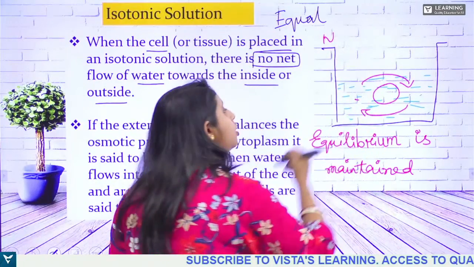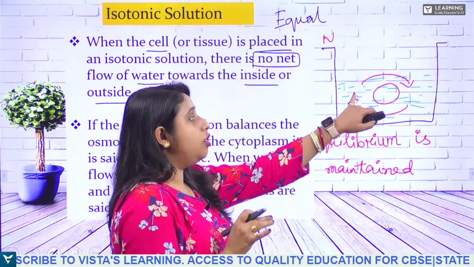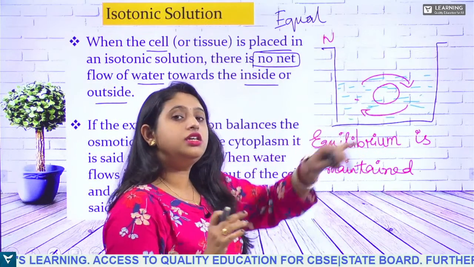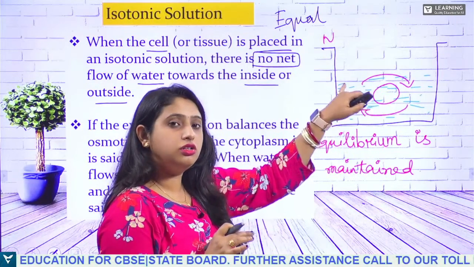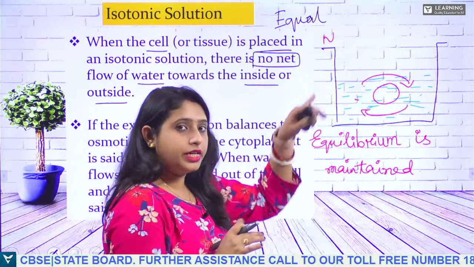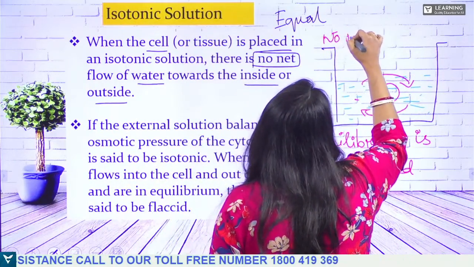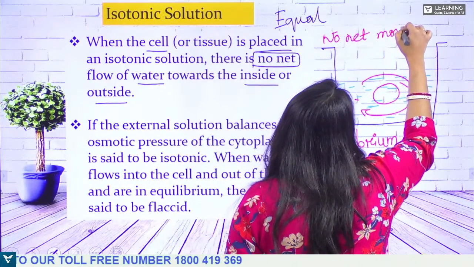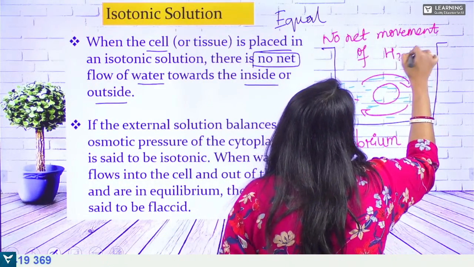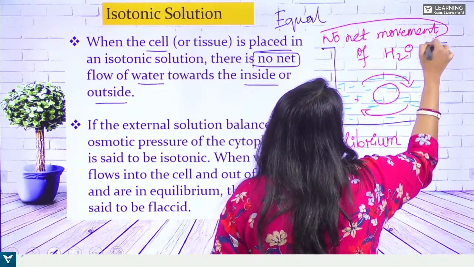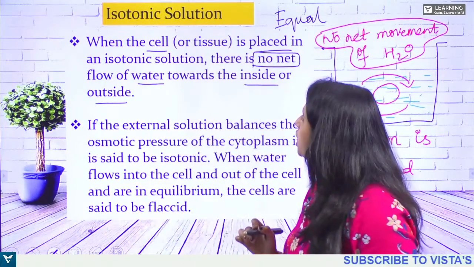You will not see the movement of water. The outer environment and the cell are equal. It is not of much higher or much lower concentration. So the equality is maintained, and no net movement of water takes place in case of an isotonic solution.